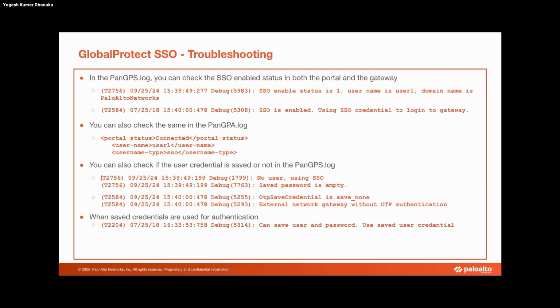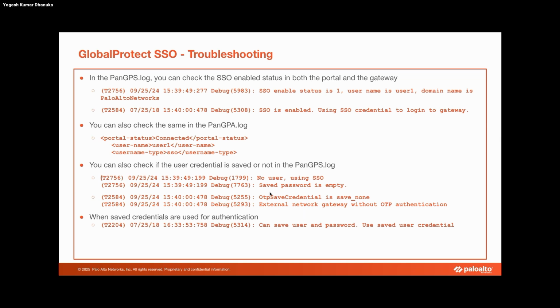Maybe your organization has a separate login mechanism or separate username for the user who is logging into the machine, but the GP login is for a vendor that you're connecting to, which has a separate username and password. That is failing because GP is using SSO to retrieve your organization's username and then supplying that, which doesn't work. So you can identify in the PAN GPA log which username the GP has sent, and what's the type, whether it has derived it from SSO or a user input.